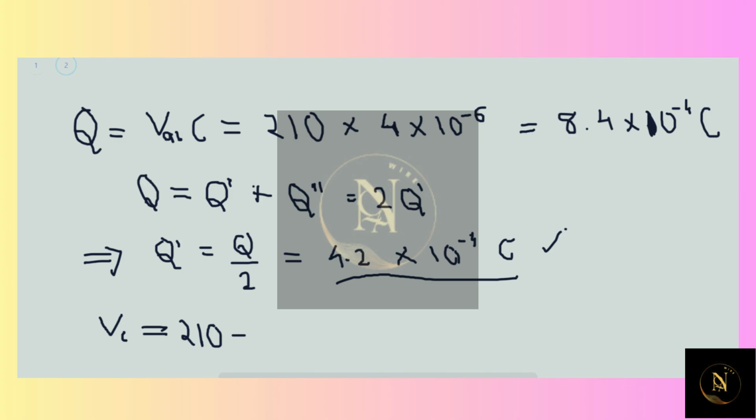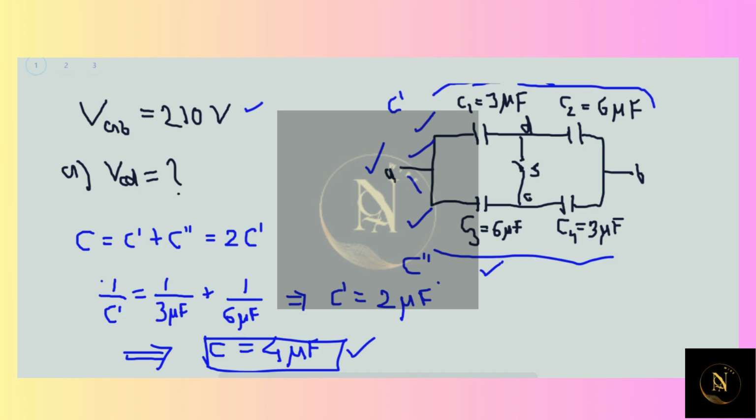The charge on each 6 microfarad capacitor is 4.2 times 10 raised to -4, divided by 6 times 10 raised to -6, and this value comes out to be around 140 volts. Now we have found the voltage at point C, VC.